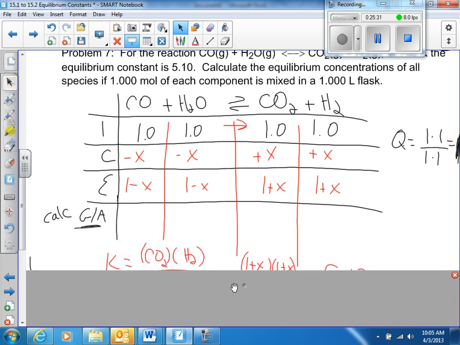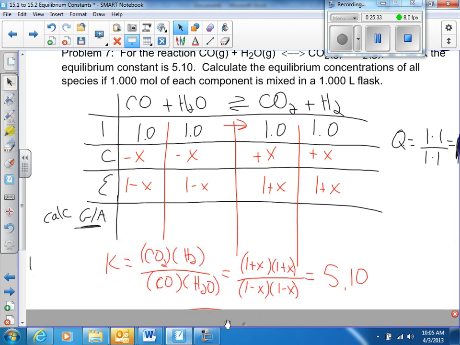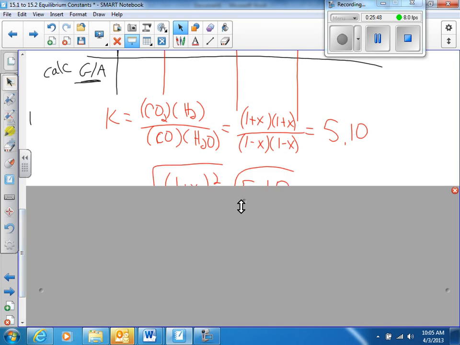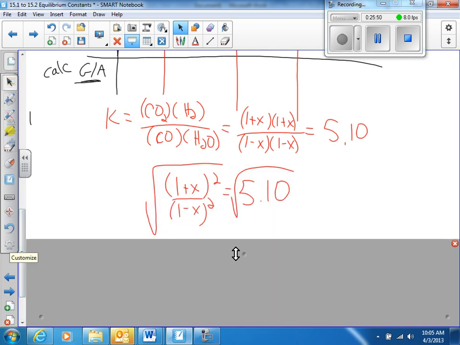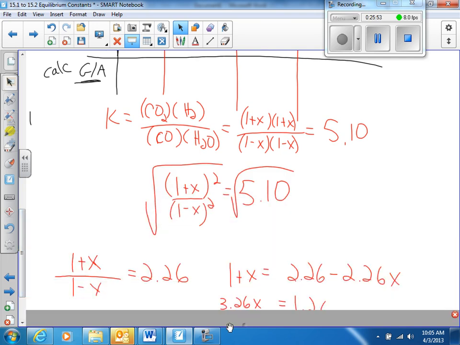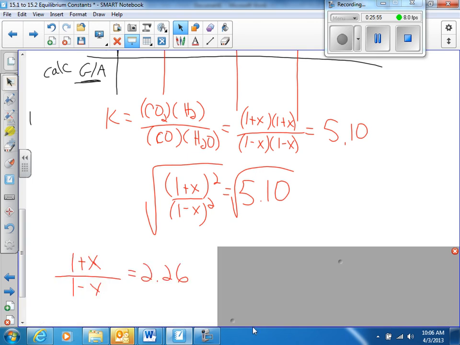And then when we do this K equation, here's the trick right here. Notice we plug everything in. Do you notice you have 1 plus x squared over 1 minus x squared? You do not want to solve a quadratic. That is complicated. What you do is you take the square root of both sides. And this simplifies into 1 plus x over 1 minus x is the square root of 5.1.